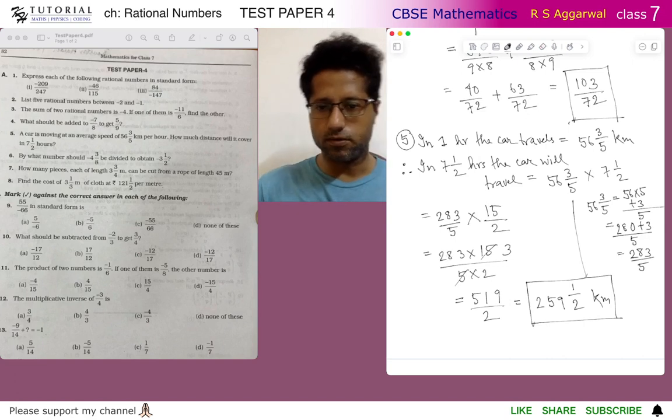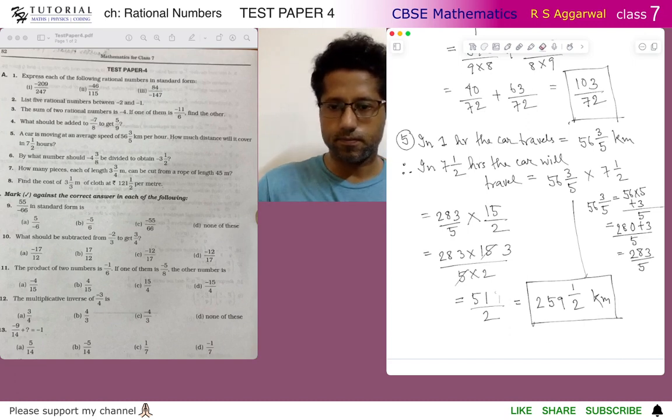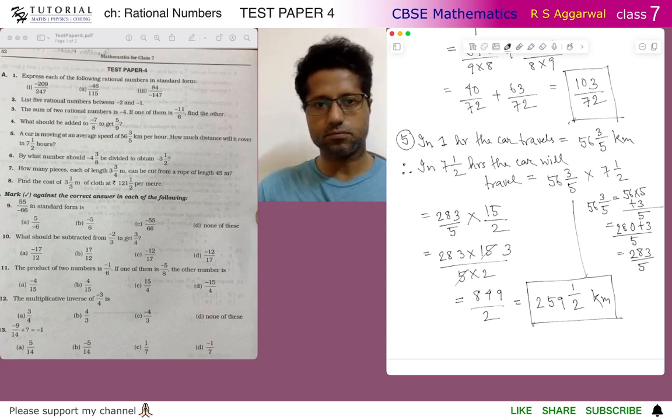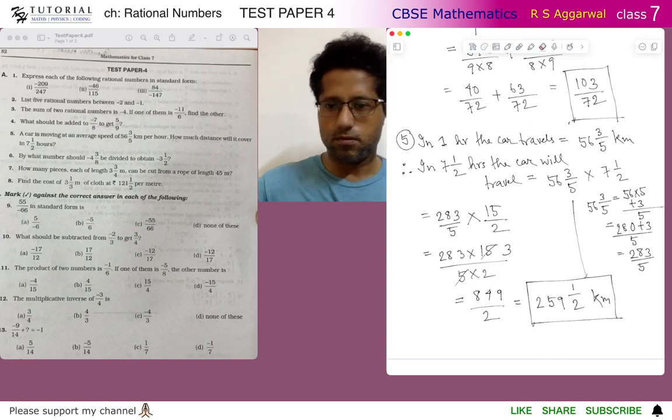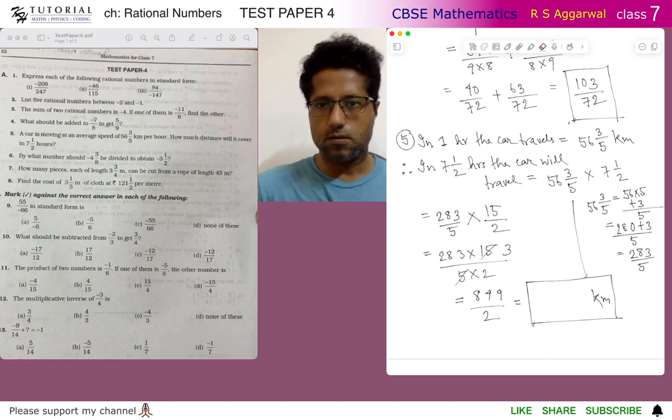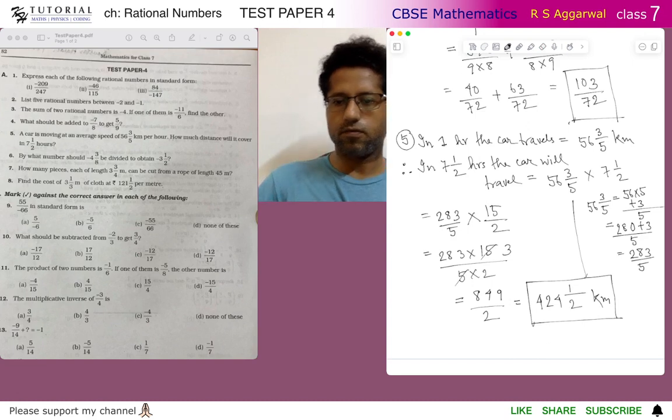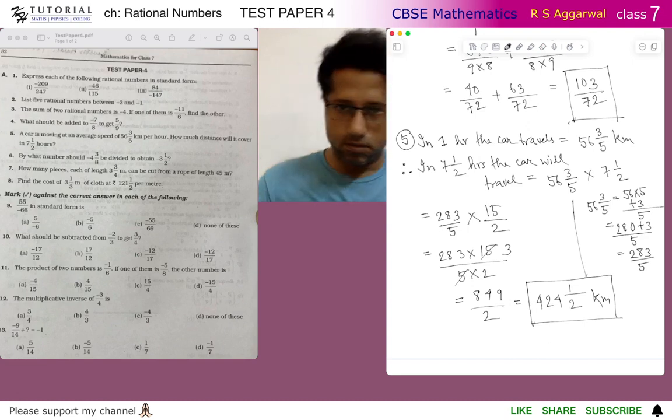Now this will be different. This is now 283 multiplied by 3, this is 849, and half, so this will be 424 and half kilometer. So this is the answer.